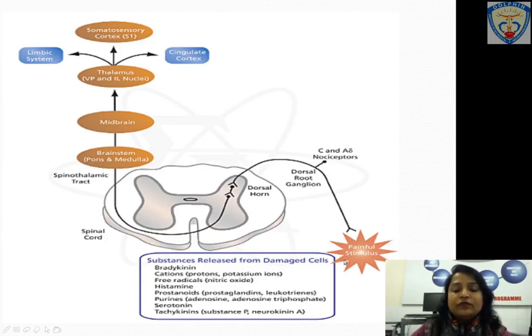This painful stimulus will be carried forward via the dorsal root ganglion, reaches the dorsal horn of the spinal cord, and then from the dorsal horn it moves anteriorly. From here, via the spinothalamic tract, it moves towards the brainstem, midbrain, thalamus, and then finally reaches the cortex.